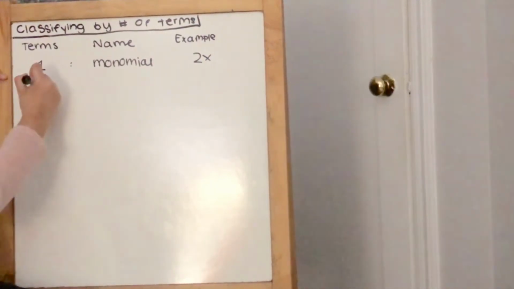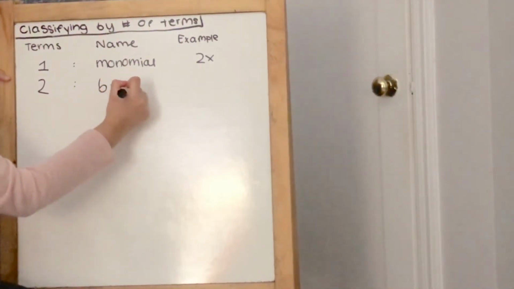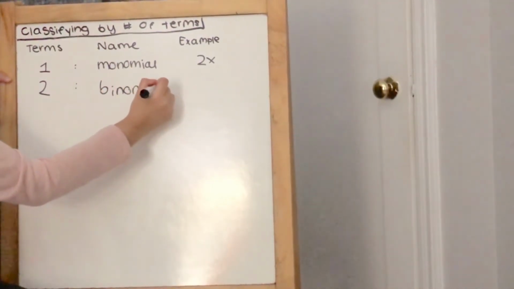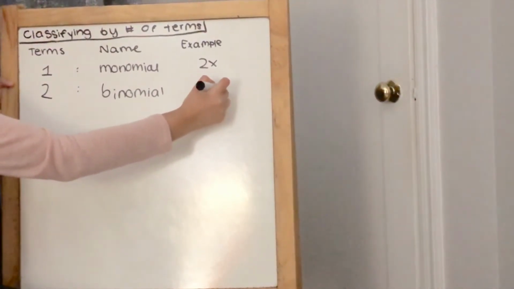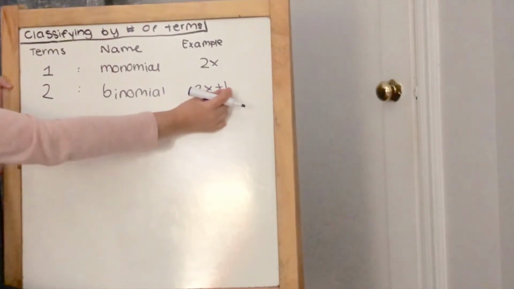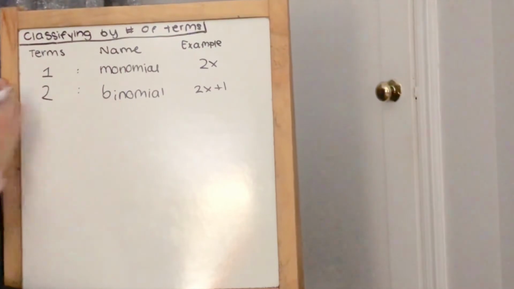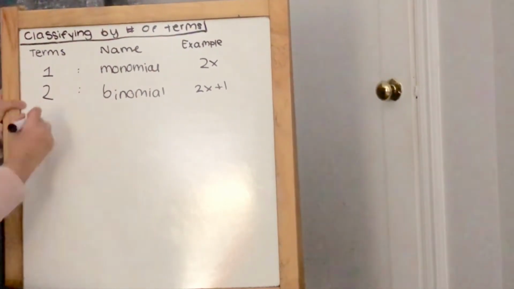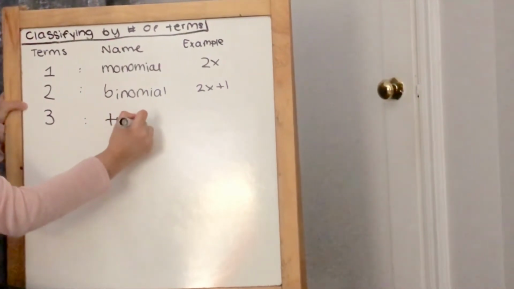If we have two terms in a polynomial, it is a binomial. If we are going to build off this, for example, something like 2x plus 1, you can see it's now made up of two smaller monomials, or two smaller chunks. It's a binomial. Then three terms is a trinomial.